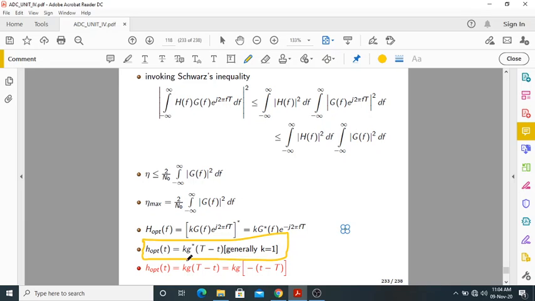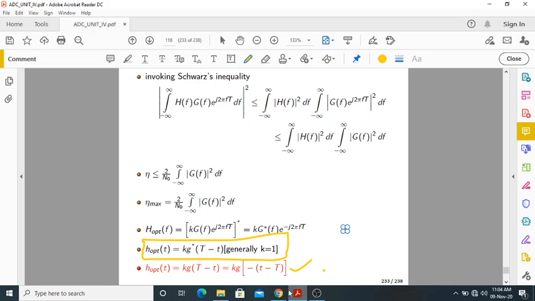If the signal is not real, you must write the conjugation. Now k also you can take as 1. So g of capital T minus small t, which is g of minus of small t minus capital T. This is very important.